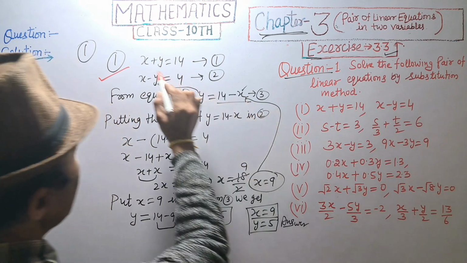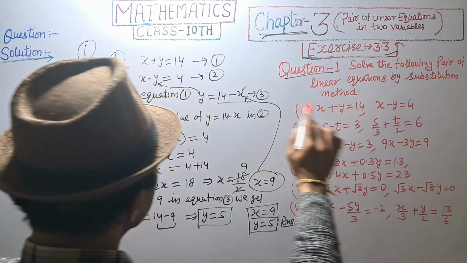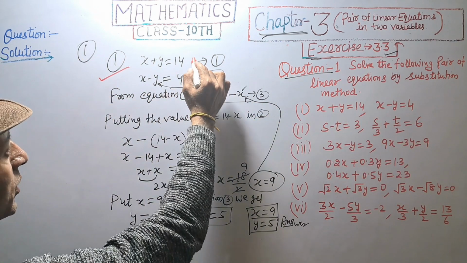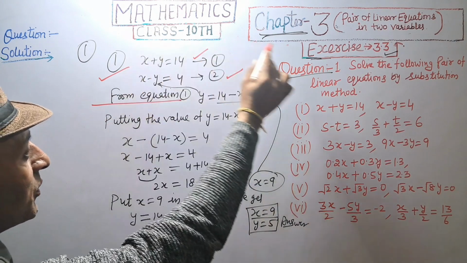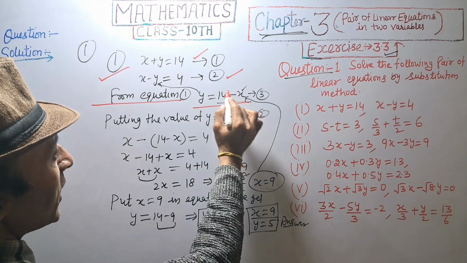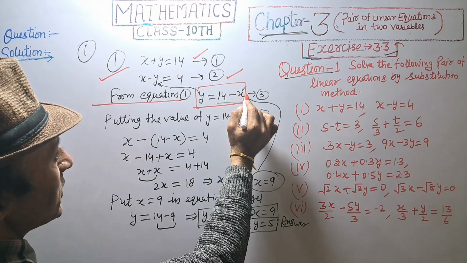First part, we have given x plus y is equal to 14 and x minus y is equal to 4. Equation first, equation second. From equation first, x is shifting to the right side, equation third, y is equal to 14 minus x.